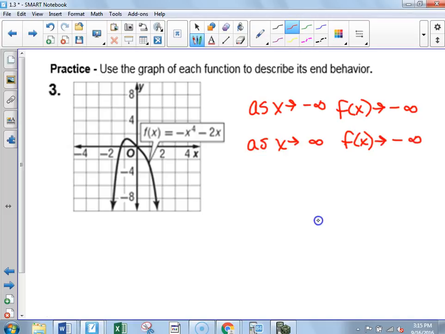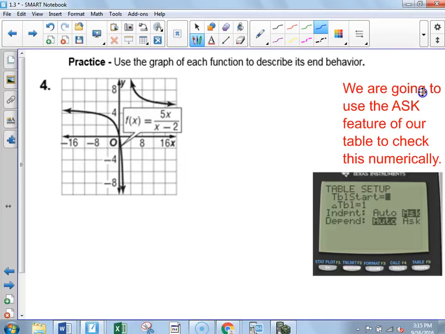So if this was a multiple choice question, because these are, and they look confusing because there's negative infinities and positive infinity everywhere, right? What you have to know is the x's have to be different. You have to be talking about left and right end. And these two in this particular question both have to be going down. So be careful you're reading them closely.